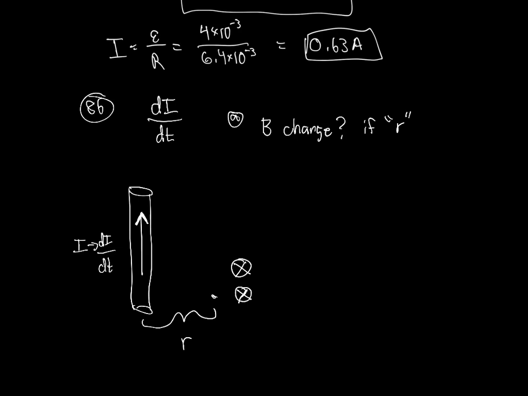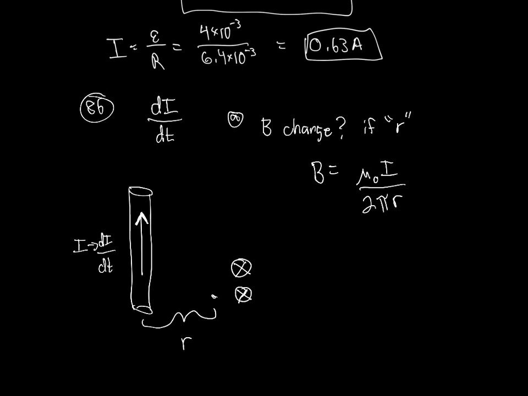Now we need to calculate the change in the magnetic field. So we have a long straight wire. We should memorize the magnetic field of a long straight wire. What is that? Mu naught I over 2 pi r. And now I want to know how this is changing if I change what I is.